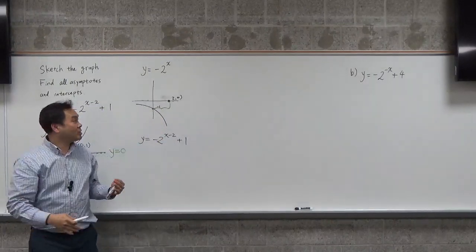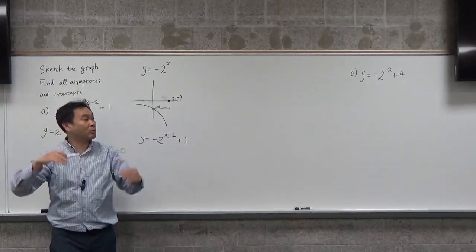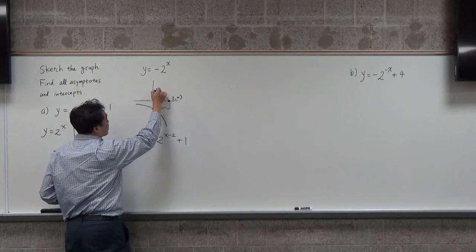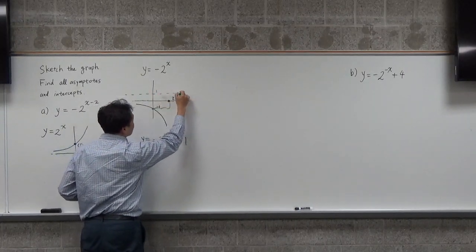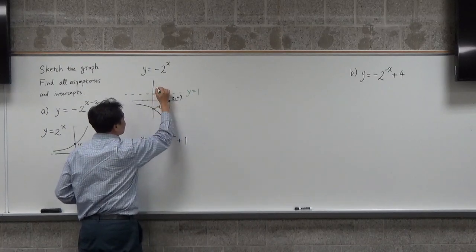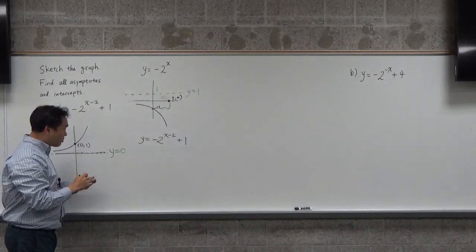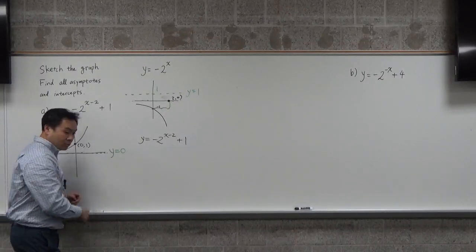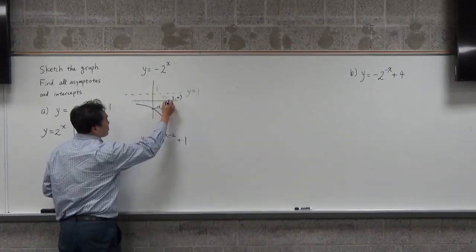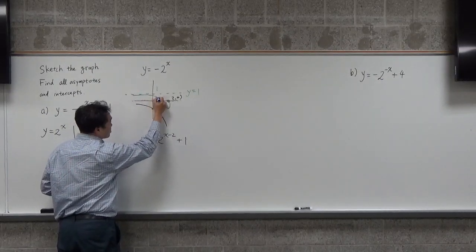But then what happens with plus 1? It goes up by 1. So y equals 1 is your new horizontal asymptote. Now let's draw everything together. The correct answer is a graph that passes through this point with this as your horizontal asymptote. So that's your graph.